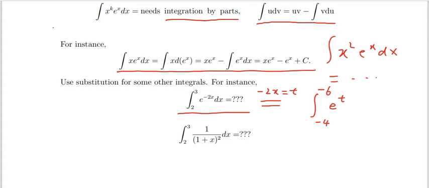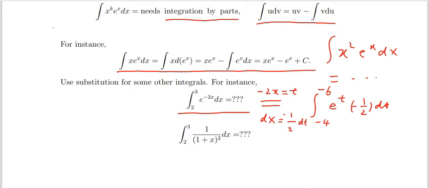Then what is dx? We also need to change dx to dt. Negative 2 dx equals dt, so dx equals negative half dt, right? So we change everything to t.